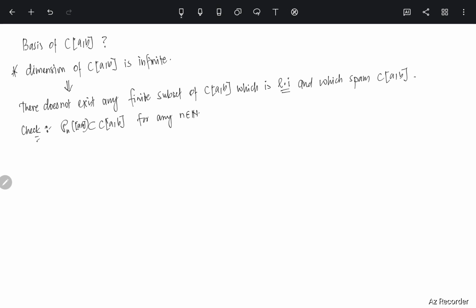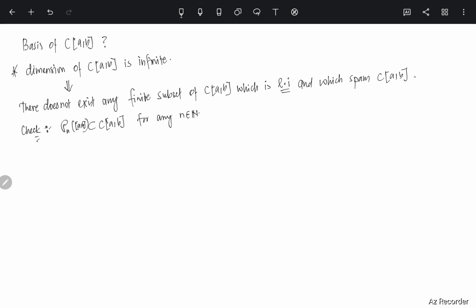Now, since this works for any n in N, it doesn't really matter what n is, you can see that of course the dimension of C[a,b] is going to be infinite. It cannot possibly be finite. But this is not a precise way of putting it. This is just an intuition.